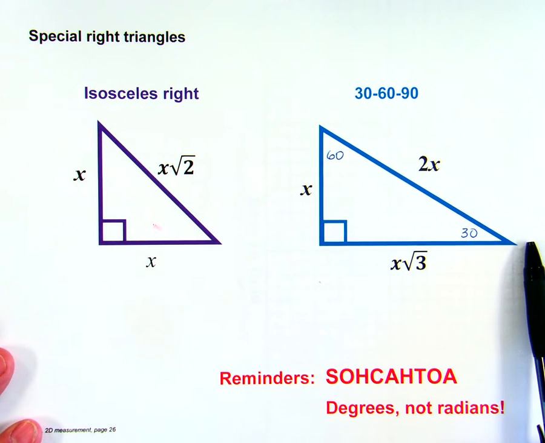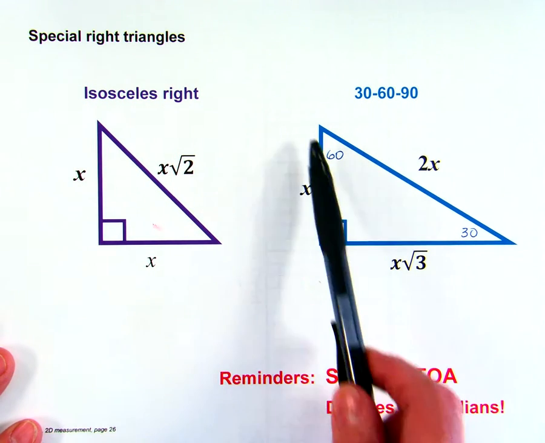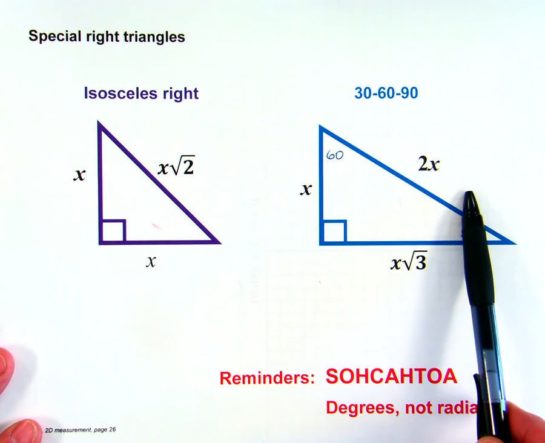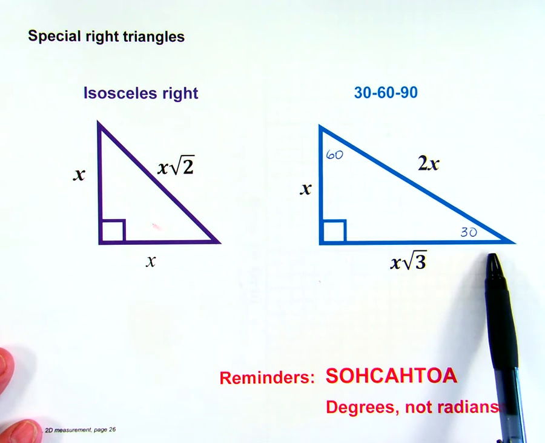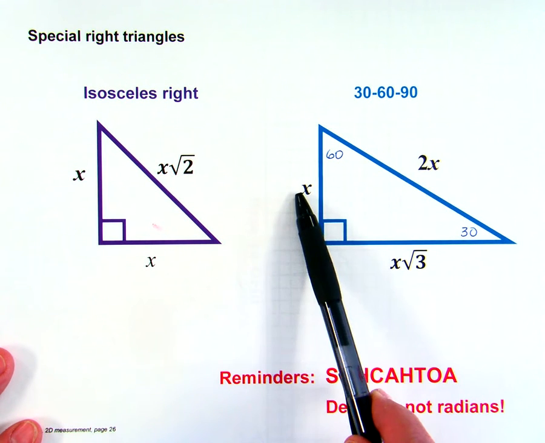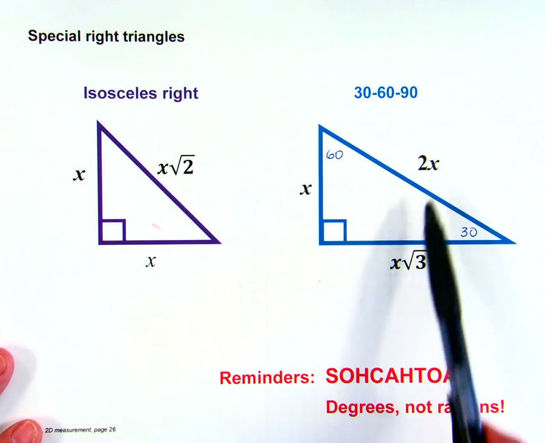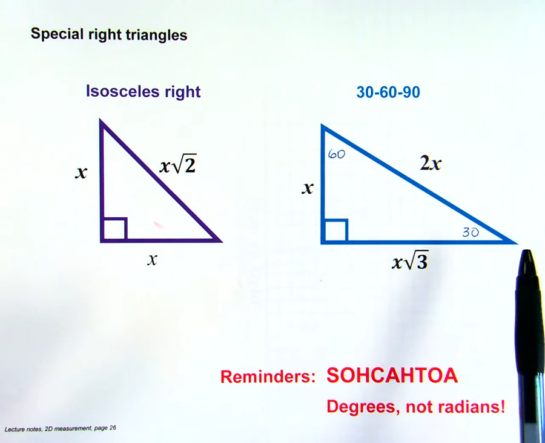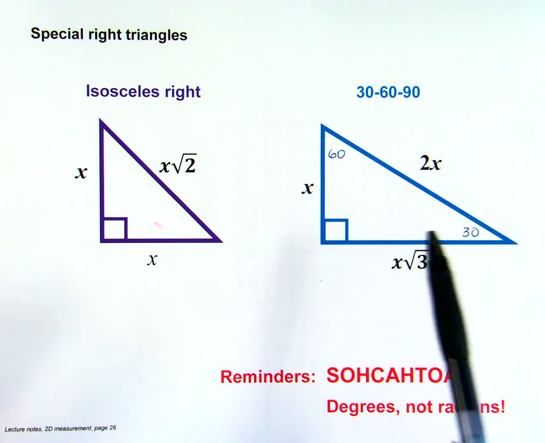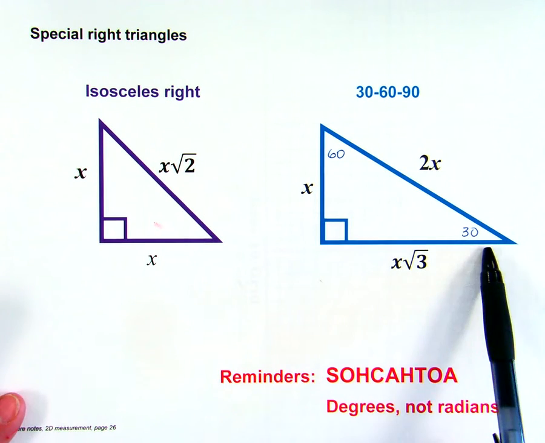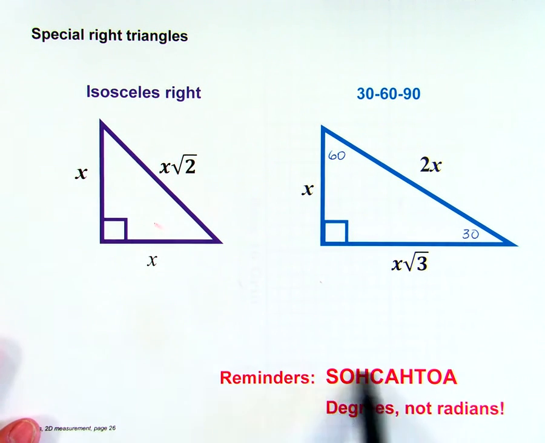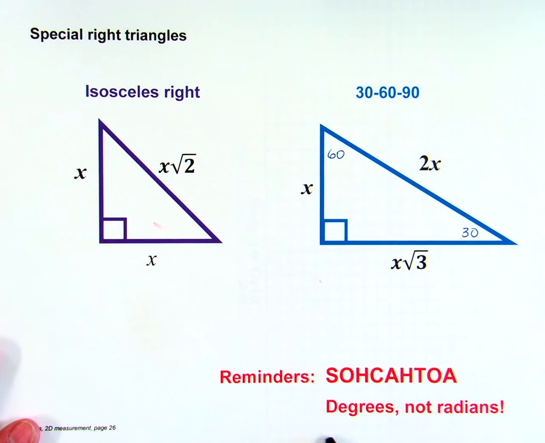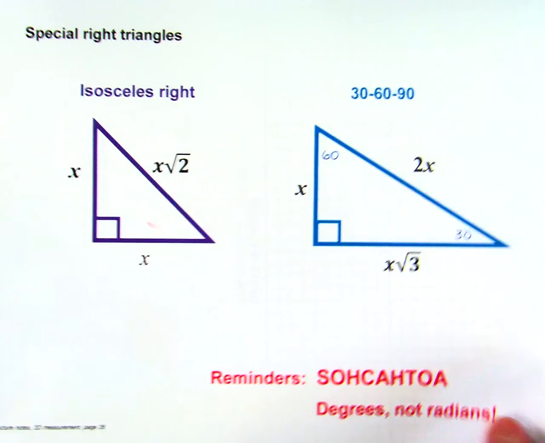In a 30, 60, 90 right triangle, the short side times 2 is the hypotenuse, and x times the square root of 3 is the middle side. Remember, x is the little one, 2x is the big one, and the square root of 3 is between x and 2x, so it's the middle. Remember, some of this you'll need trig. Remember SOHCAHTOA, and make sure your calculator is on degrees and not radians.